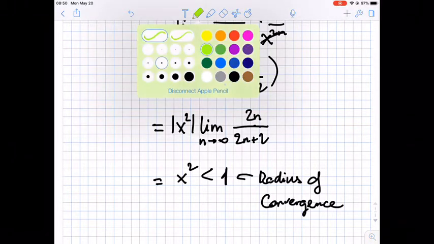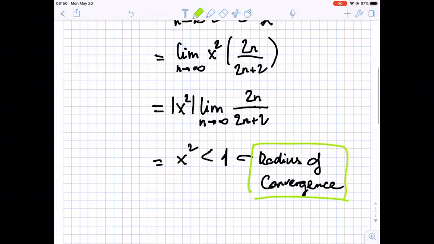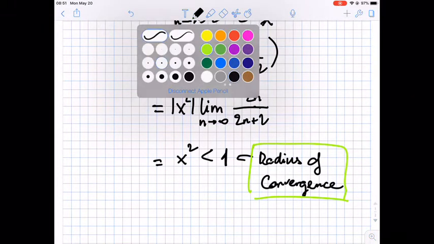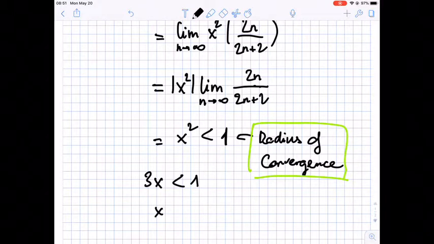If your BC test only asks you to find the radius of convergence, this is usually good enough. However, there are some cases where you get the final result and the limit goes to 3x and it's less than 1.